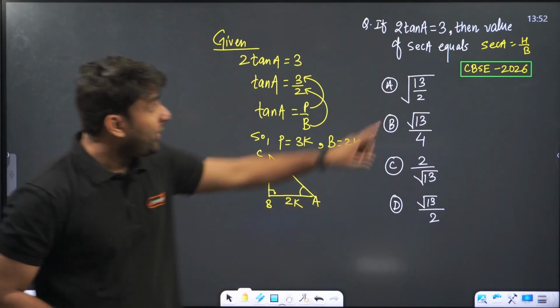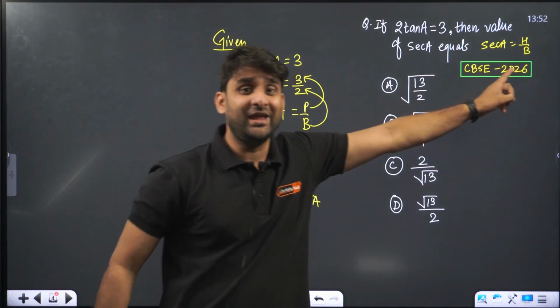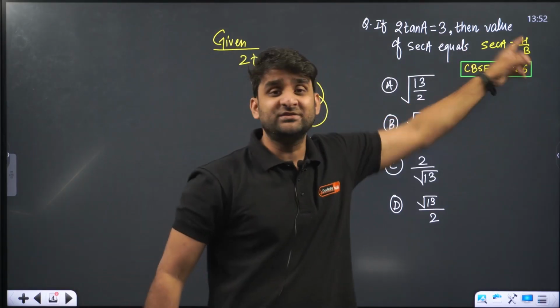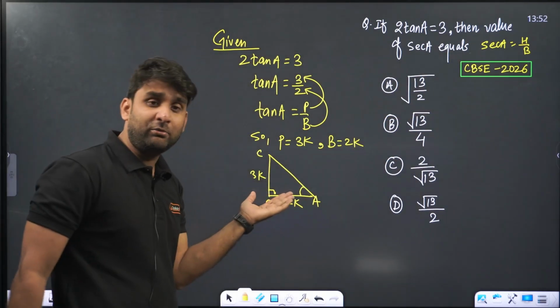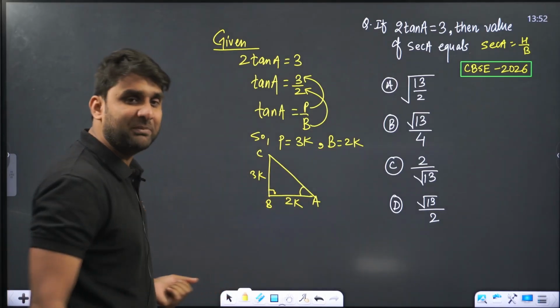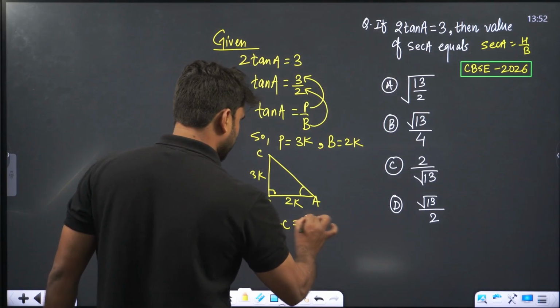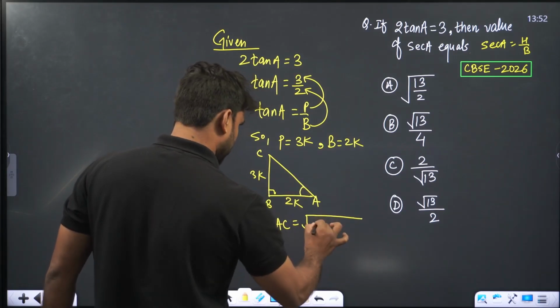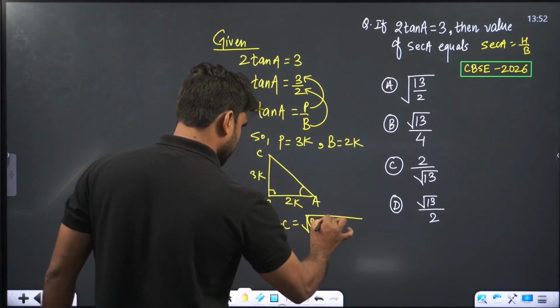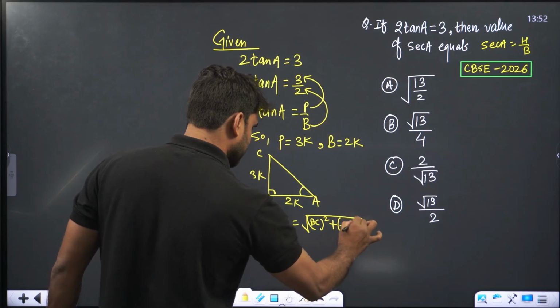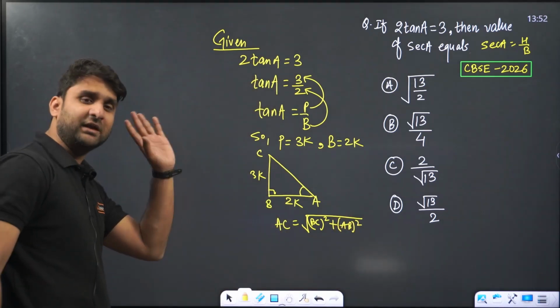But what we require? Sec A, the value of sec A, and in the ratio of sec A, hypotenuse is there. But we don't know hypotenuse. So let's find out hypotenuse by Pythagoras theorem. So applying Pythagoras theorem, AC will be equal to, directly I'm writing the formula, root of perpendicular square plus base square. This is the formula for hypotenuse in any right angle triangle.